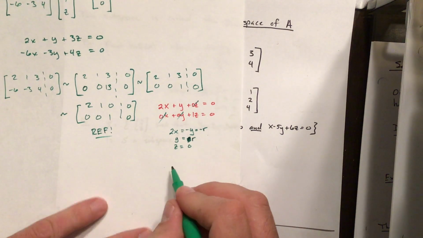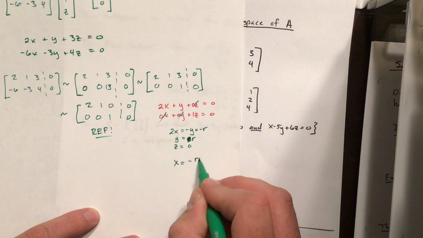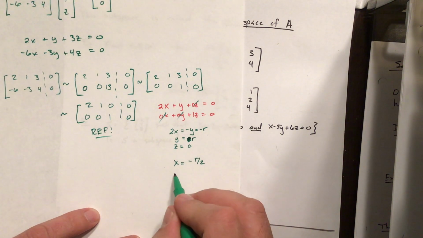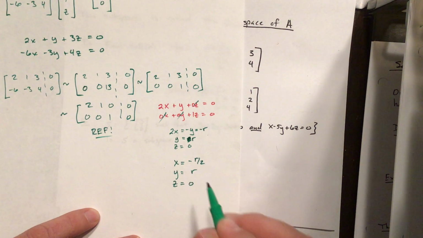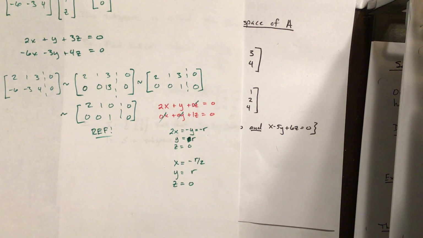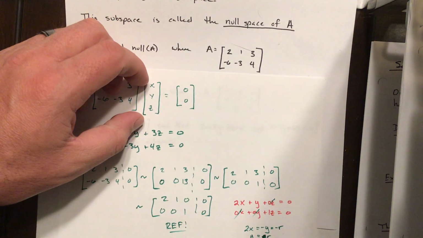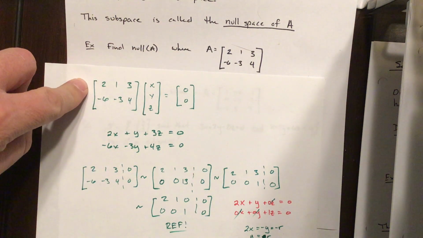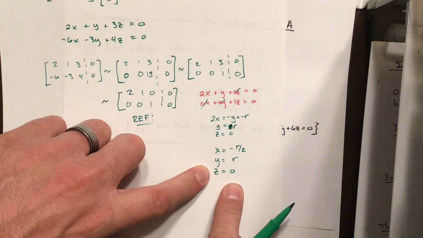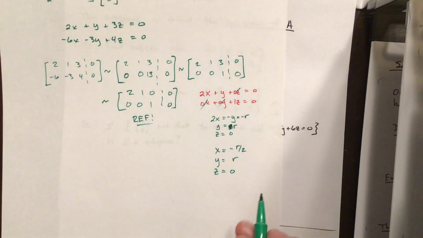So that means that x is equal to -r over 2, y is equal to r, and z is equal to 0. So the collection of vectors that when multiplied by the matrix A outputs 0, 0, are vectors that look like this.